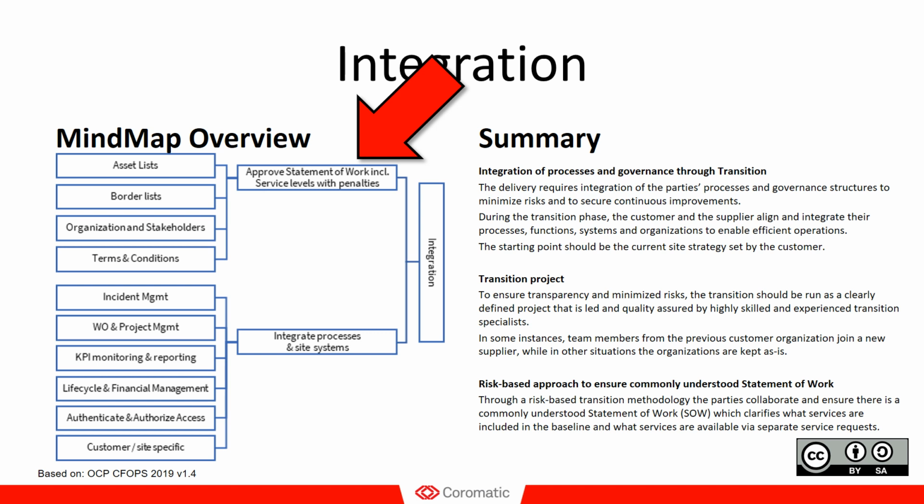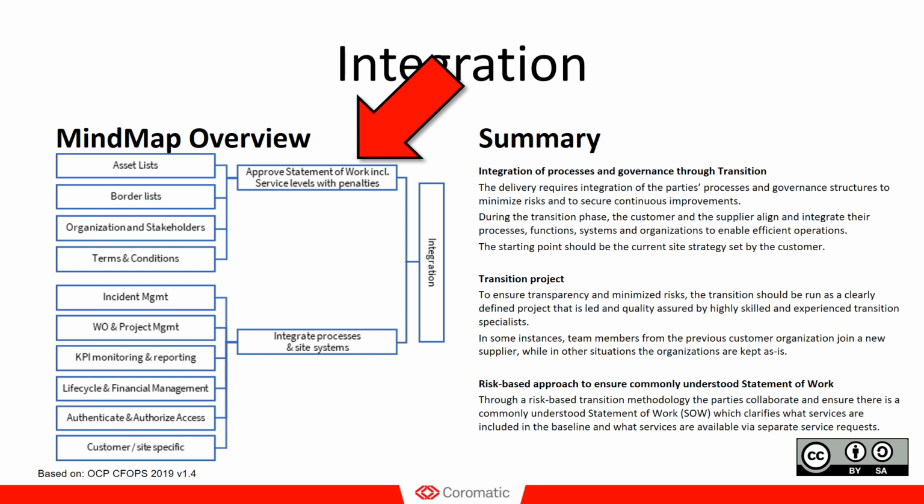You would have the organizations and stakeholders mapped out and documented and clarified, both for the daily operations, but also for escalations according to authorization matrices, as well as business continuity planning. You would also ensure that you have the terms and conditions in place.